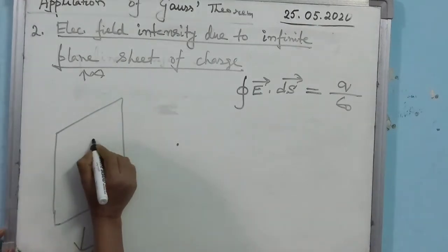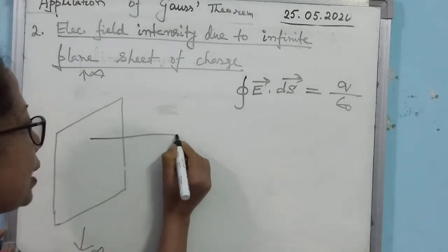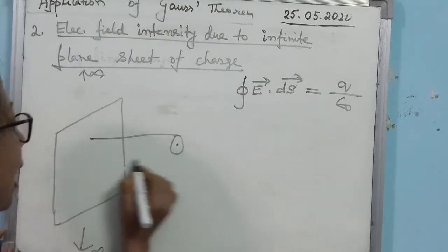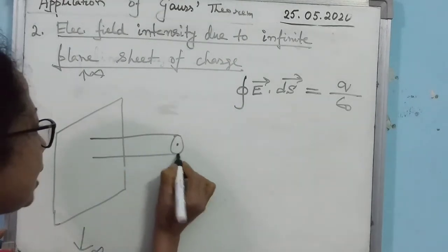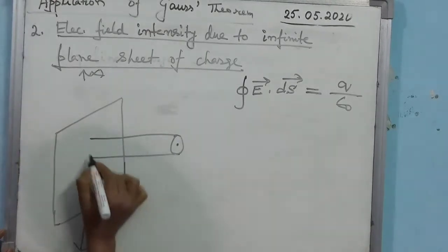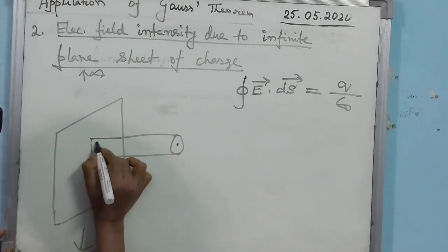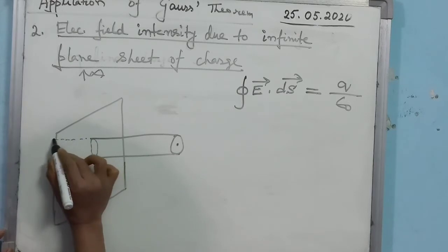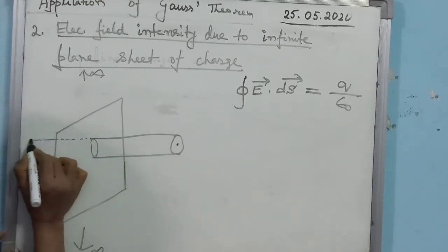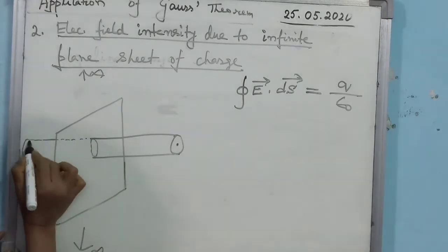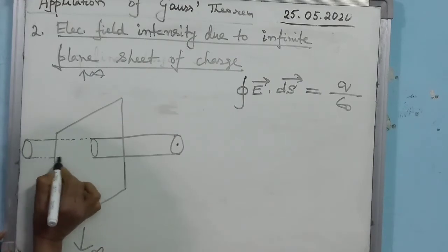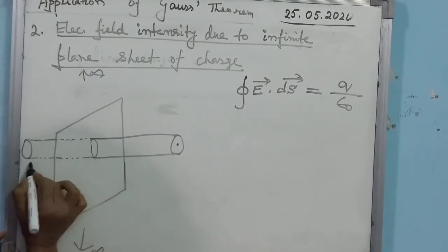So in this case we choose the Gaussian surface a cylinder only, but not a vertical cylinder, as we have chosen for the previous discussion. We choose a horizontal cylinder as the Gaussian surface.